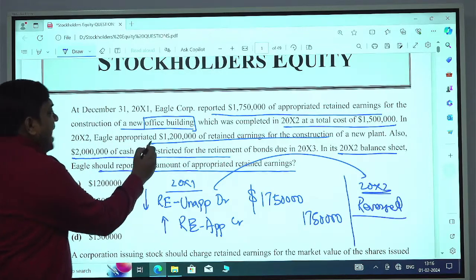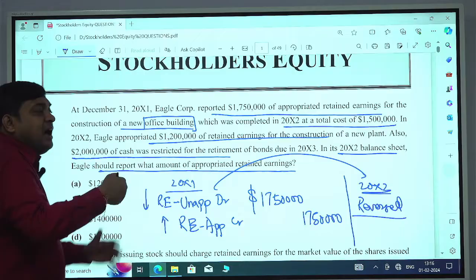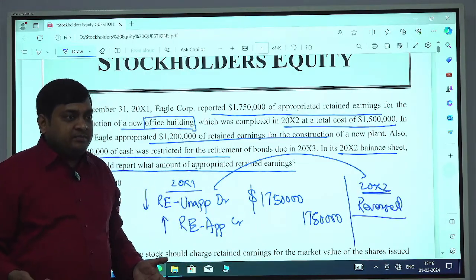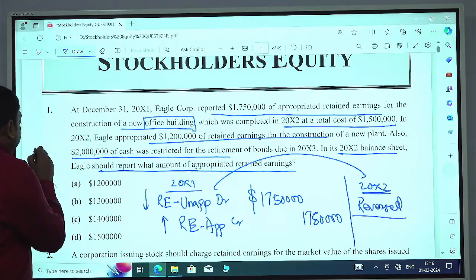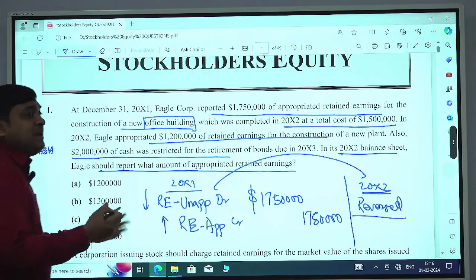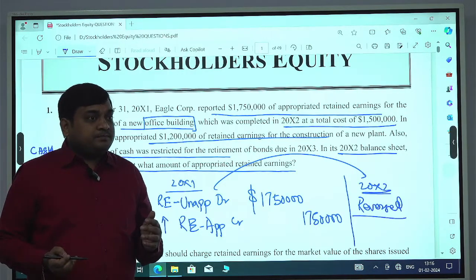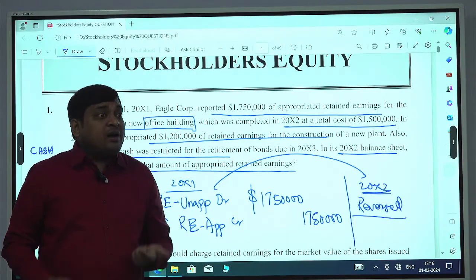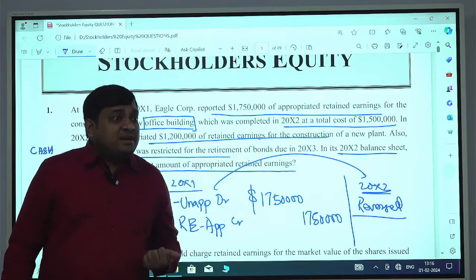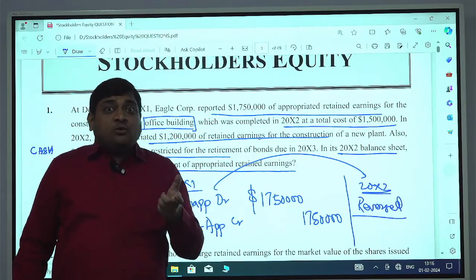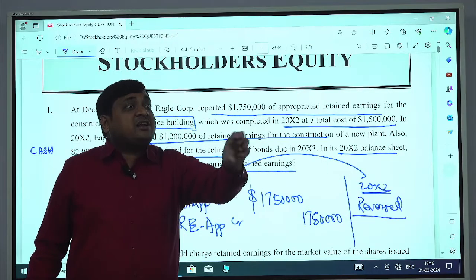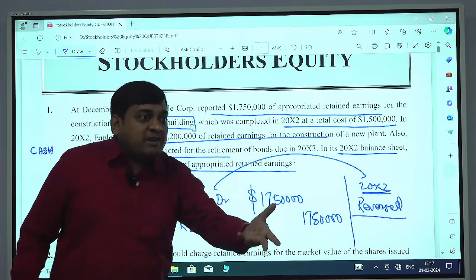The amount of cash which you have restricted for the retirement of bonds is not a part of appropriated retained earnings. This is restricted cash, and it will be shown separately. Remember FAR 2.1, cash and cash equivalents. Over there I told you cash is unrestricted for general purpose use, and some cash is restricted for retirement of bonds.